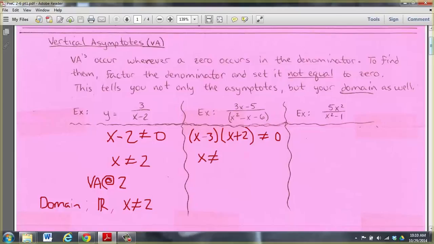X cannot equal negative 2 or 3. So your vertical asymptote is at negative 2 and 3, and your domain is all reals, but x cannot equal negative 2 or 3.